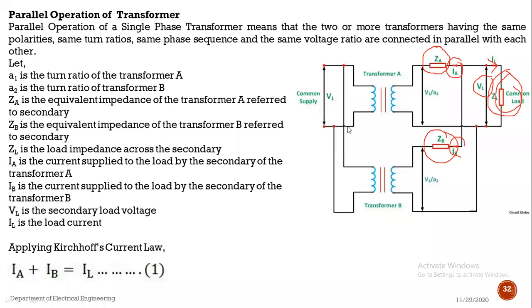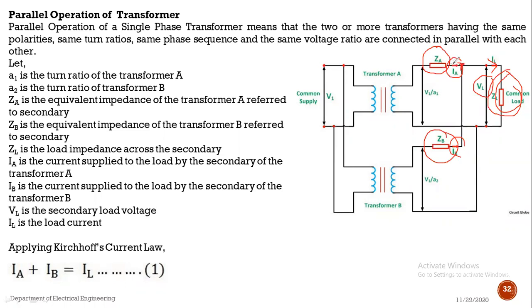Okay, see, the current supplied to the load by transformer A is IA. The current supplied by transformer B to the load is IB. If we apply KCL to that node, here this one is the node.